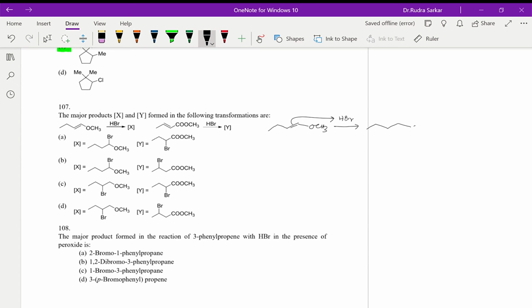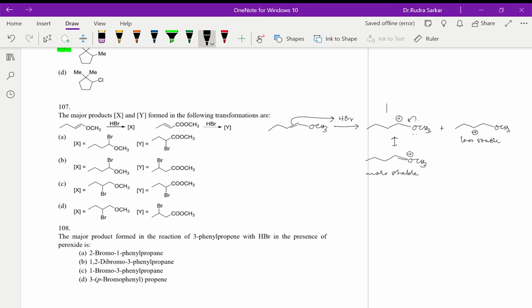So over here, we are having a positive charge generated in such a manner that it can be resonance stabilized. The lone pairs on the oxygen can provide a resonance stabilization like this. Apart from that, there can be another carbocation generated over here, which will be of the following manner, but this is less stable, and because of resonance, this is more stable.